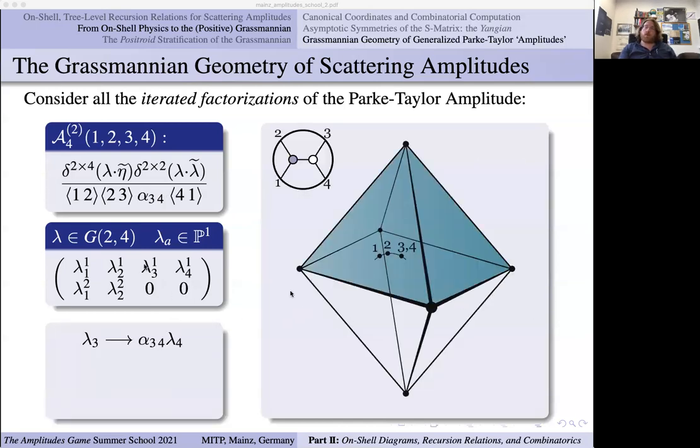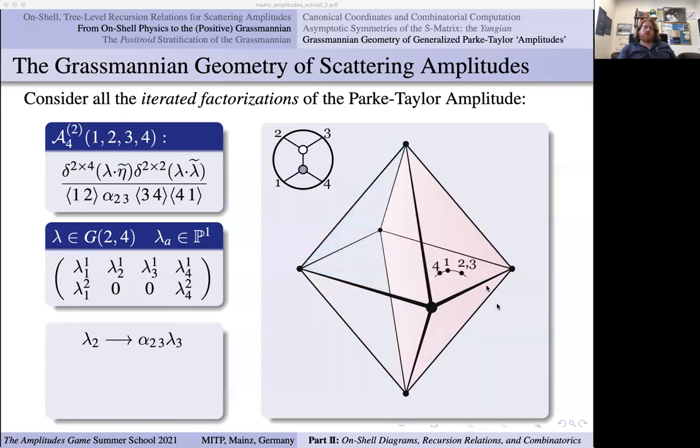We can work this out in full gory detail. You can look at what the codimension 1 singularities are. Any one of these, maybe lambda 3 and lambda 4 become proportional. When that happens, the matrix looks like this. This minor is 0, and you have a lower dimensional cell. You can also have, say, lambda 1 and lambda 2 become proportional, et cetera.